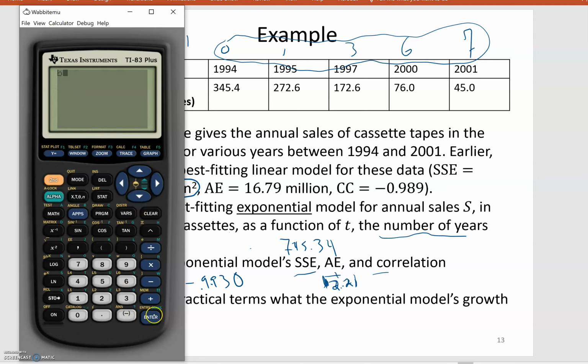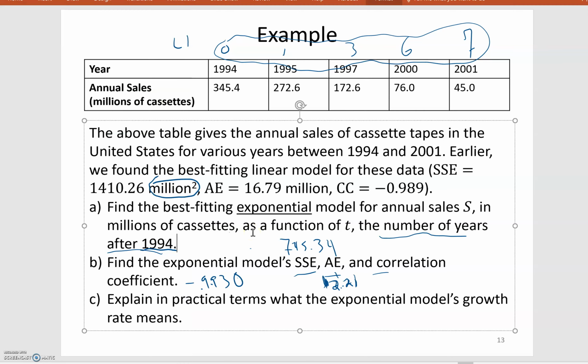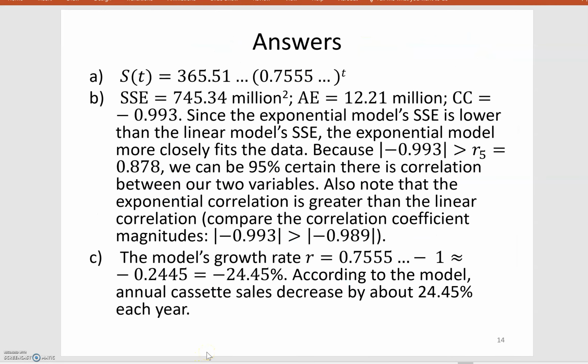What we can call up is the factor. And then if I subtract 1 from the factor and multiply that by 100, that is my growth rate, negative 24.44%. And it's negative because it's not actually growing. So what this is saying is that every year our sales are decreasing by 24.44%, which is pretty bad if you're a cassette tape salesperson.